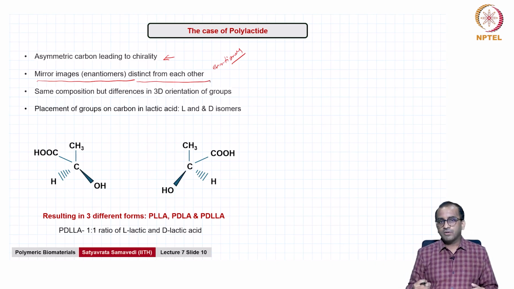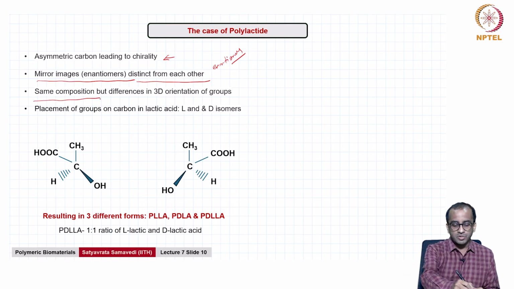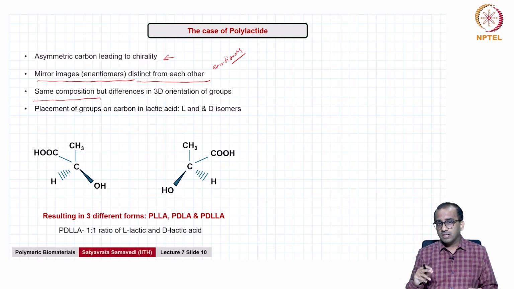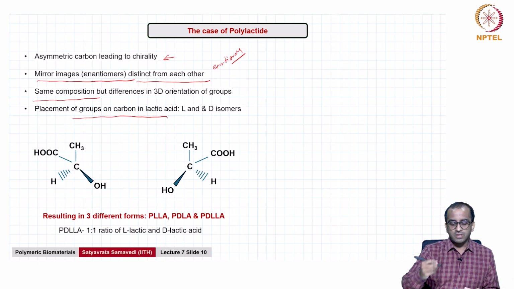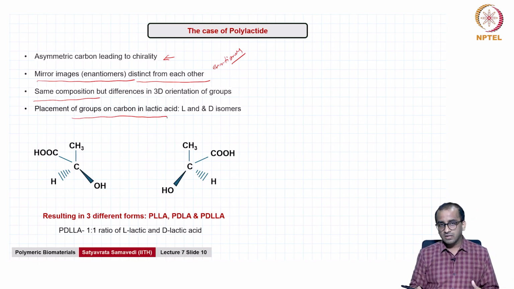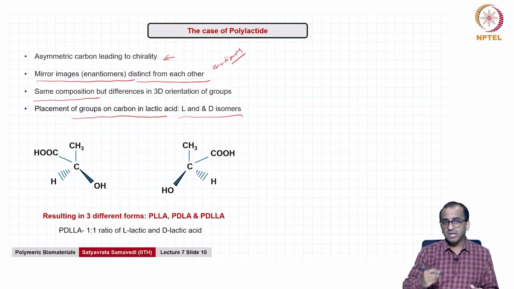When I mean that they are not the same, compositionally they are exactly the same. So, they have the same composition, but the 3D orientation of the groups is what distinguishes one from the other. And we are seeing here that the placement of groups on the carbon in lactic acid can lead to the L and D isomers.